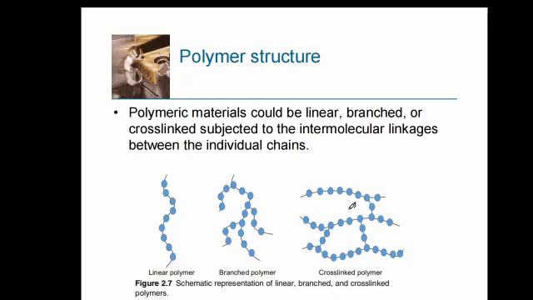And when a polymer is cross-linked, you have chains that are linked together through branching chains. So you have 1, 2, and 3 polymer backbones that are linked with these branches. So it's cross-linking.